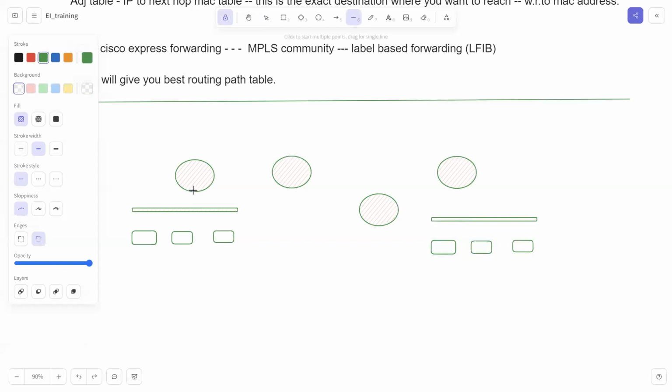Now let's go and connect these. Let's do the connection, and then connect these links.